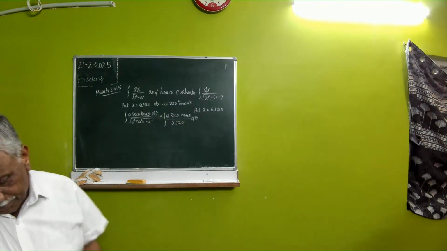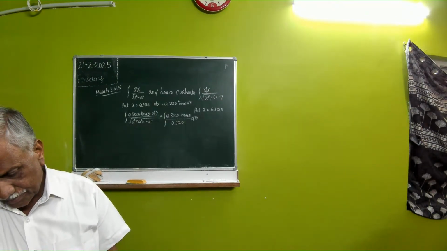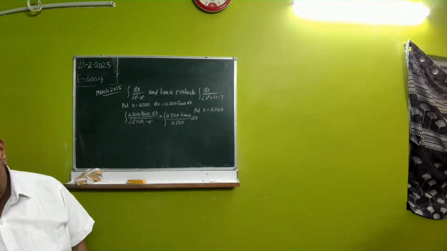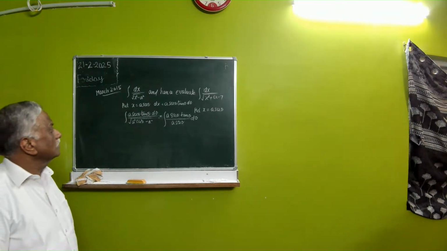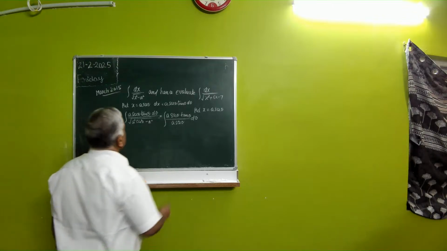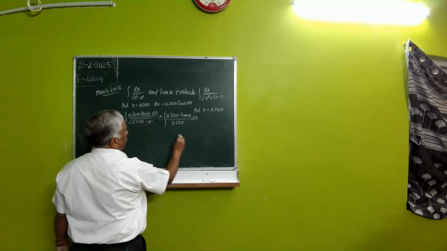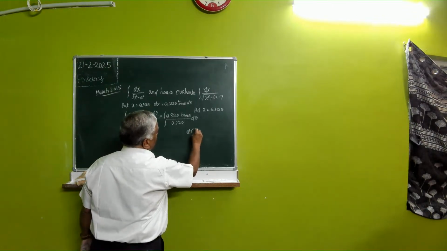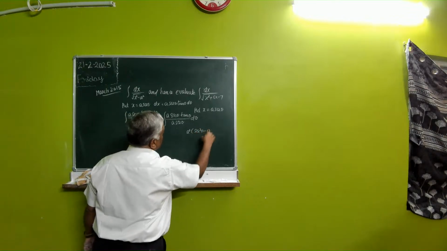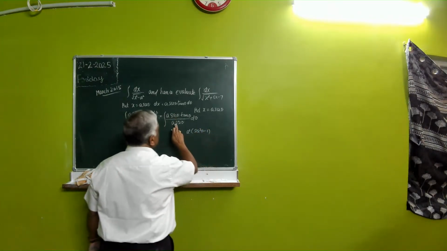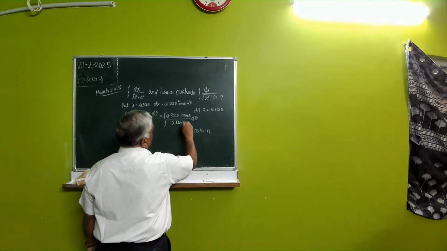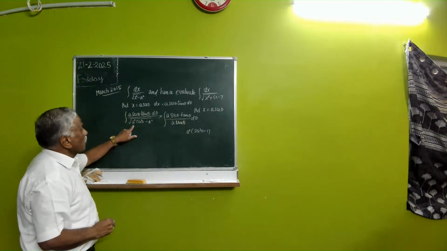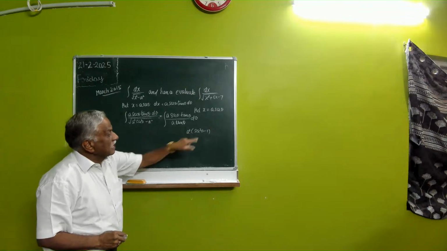So what will happen? Now here, this is a square into secant square theta minus 1. So this is not secant, it is tan theta. Sorry, this is tan theta, because you are taking a square common, secant square minus 1 is tan square.